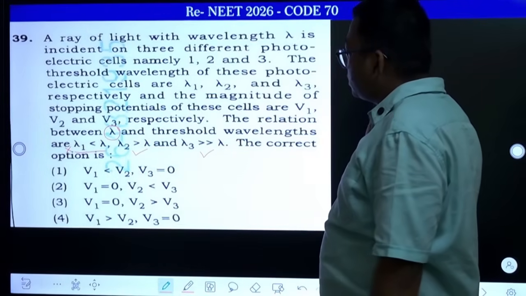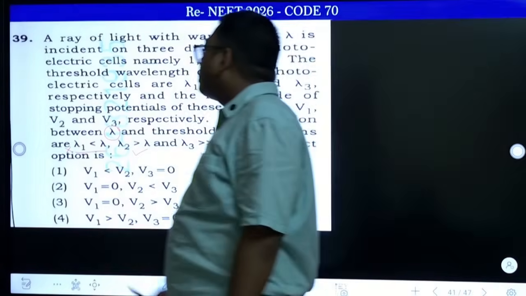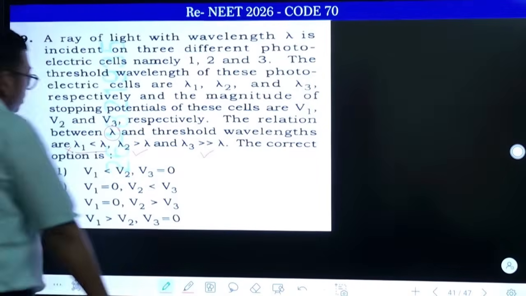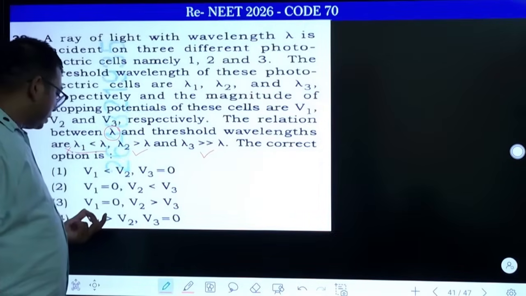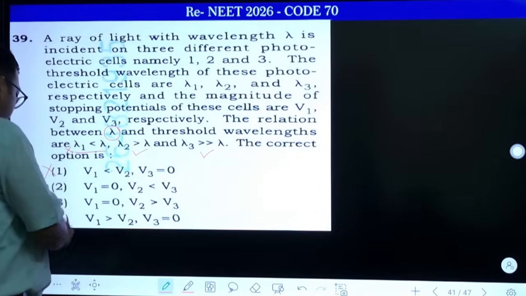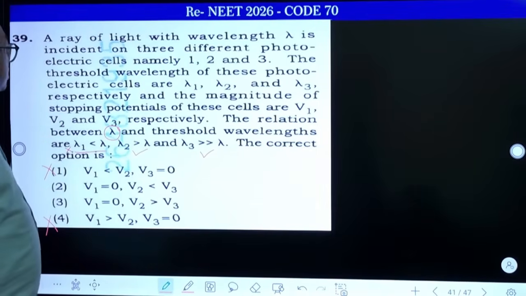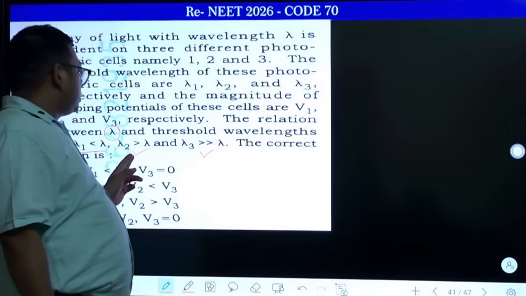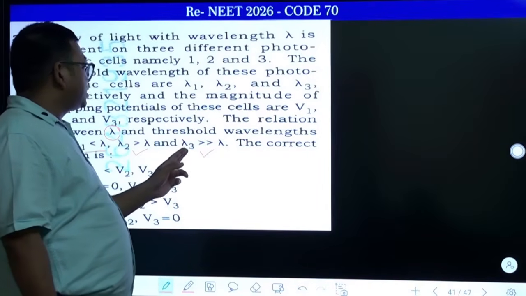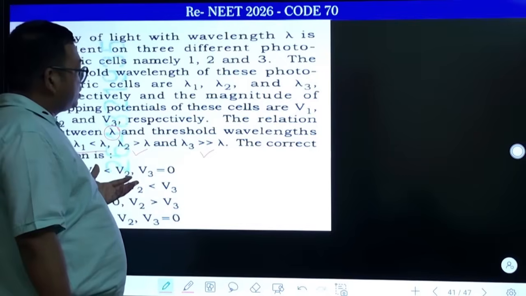They are asking about the stopping voltage. In the first case, you don't require any stopping voltage because electrons are not being produced. So this one is 0, you can take. So the first one we can reject and the fourth one also we can reject. Now we have to check this one. Lambda 3 is much larger than the incident lambda, or the incident lambda is much smaller.